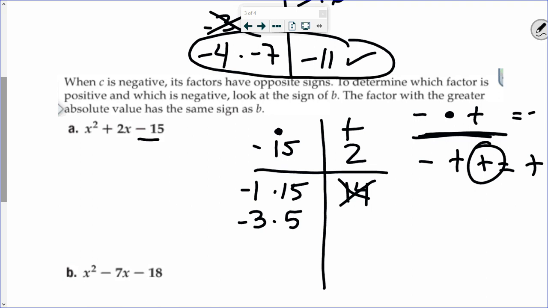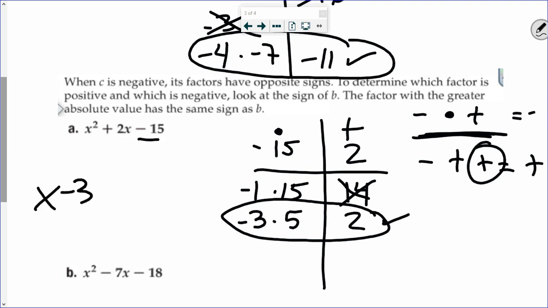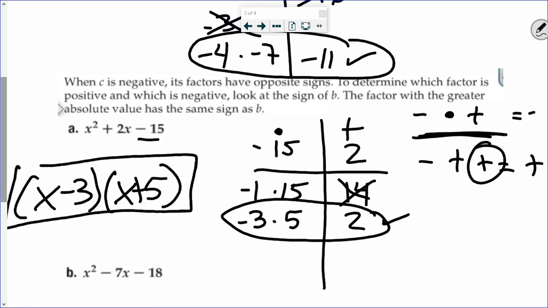Again, the smaller of the numbers will need to be negative because we want these to add to a positive number. Negative 3 plus 5 does add to positive 2. So these ones are a little trickier, where the signs have got to be opposite. So we go x minus 3, x plus 5. Again, the order in which I write these binomials does not matter. I could also have x plus 5, x minus 3.